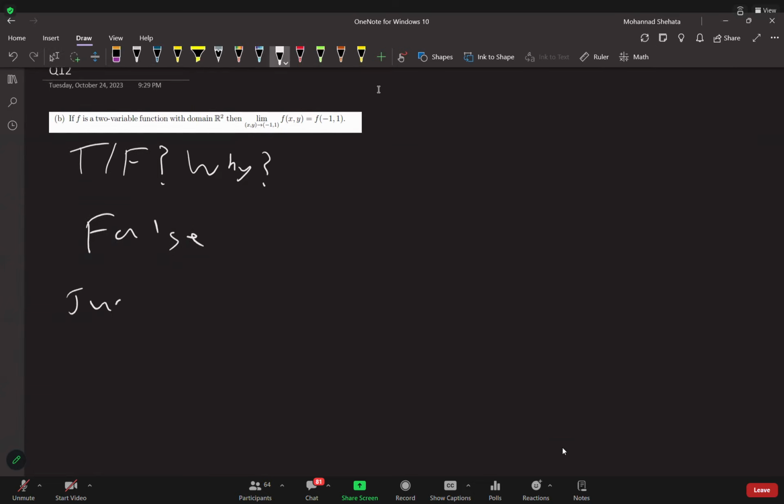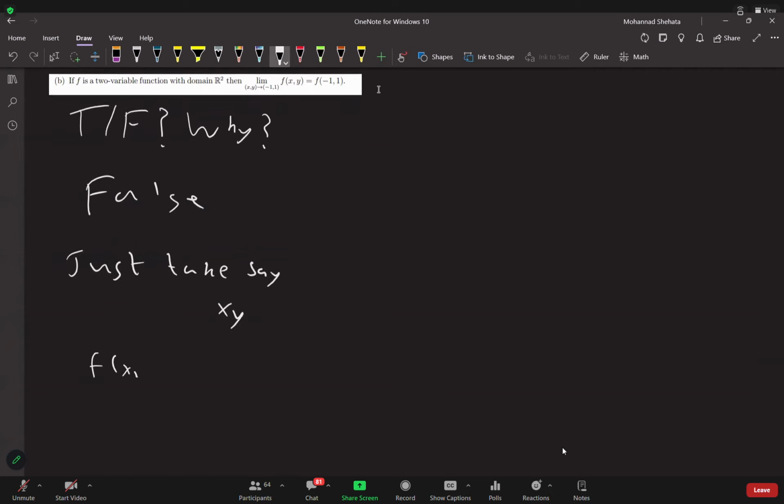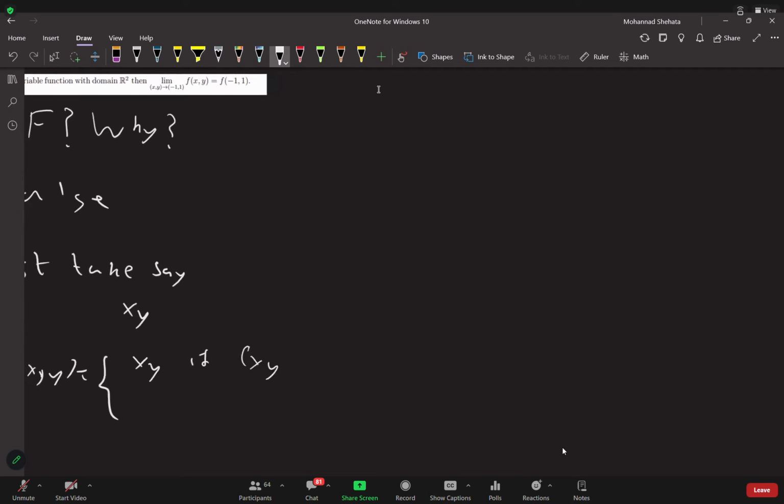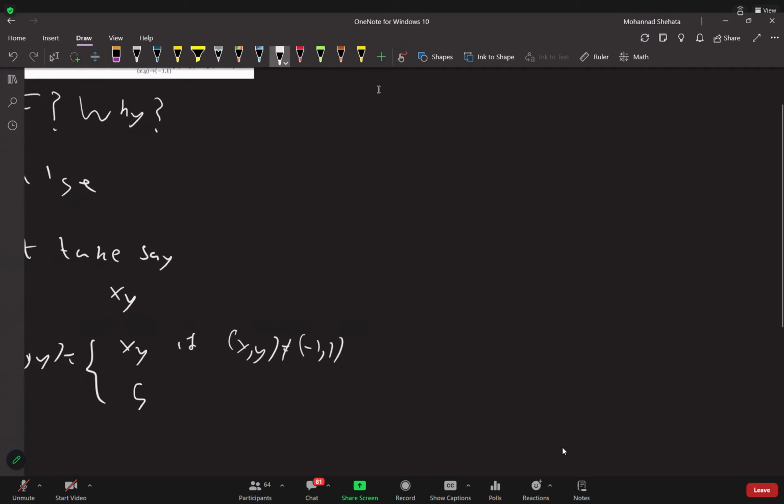Just take, say, f(x, y) equal to xy if (x, y) does not equal (-1, 1), and 5 if (x, y) is equal to (-1, 1).